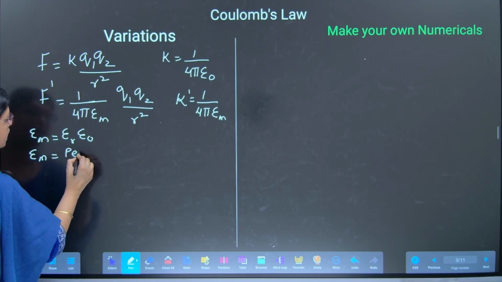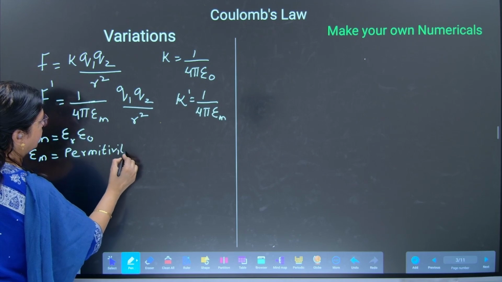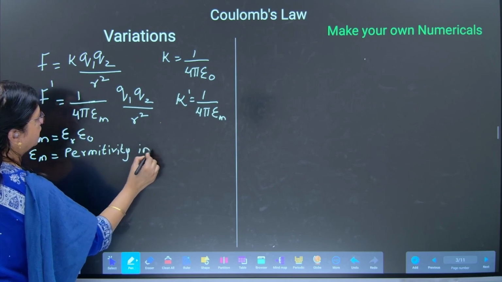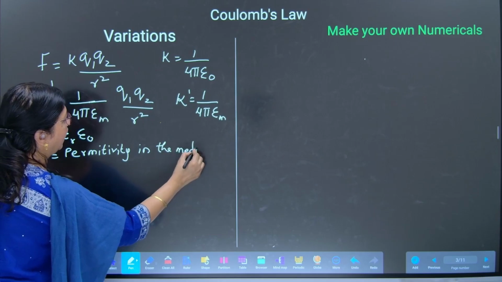and epsilon m is the permittivity in the medium other than air.